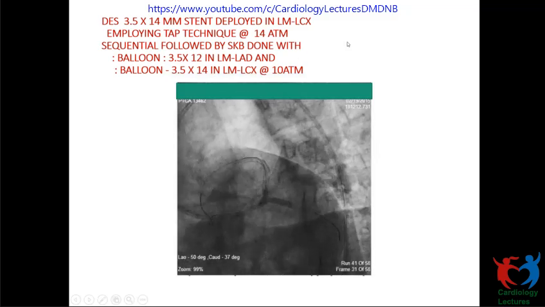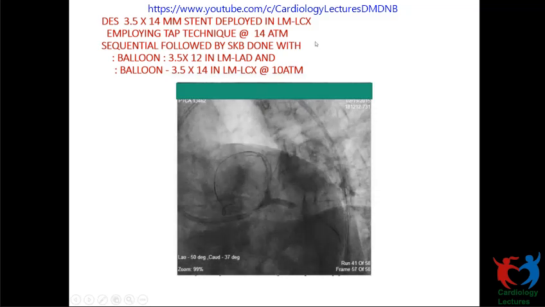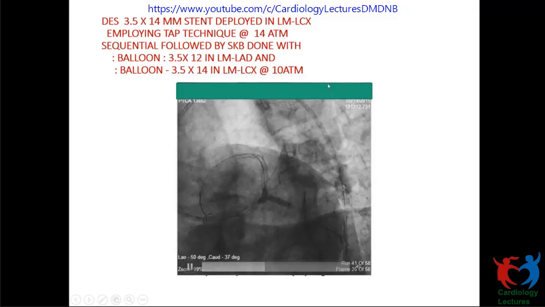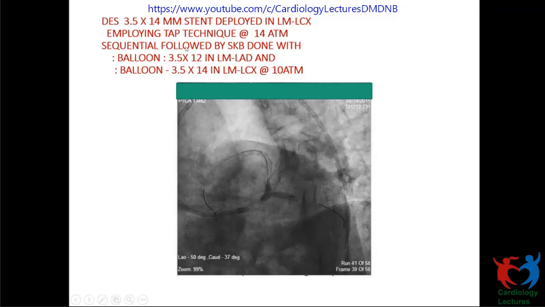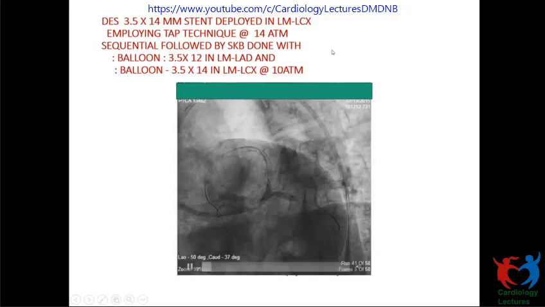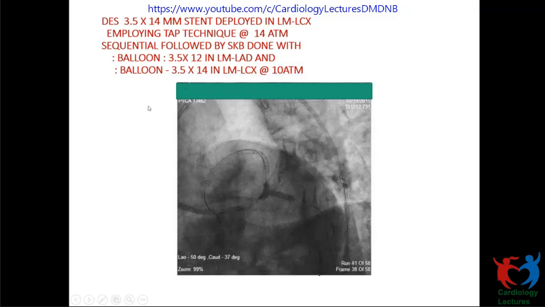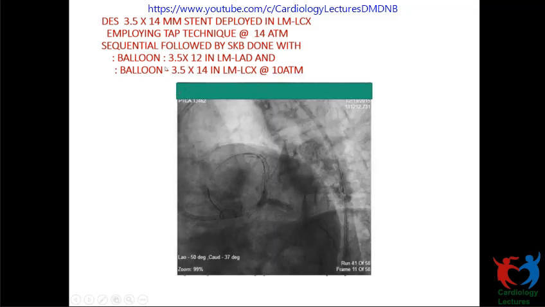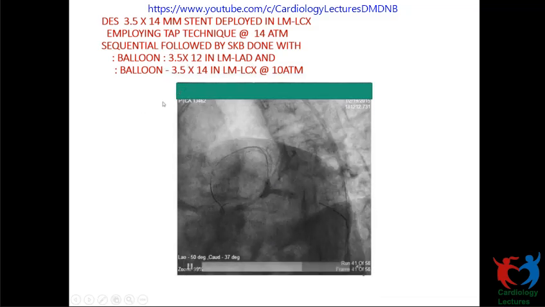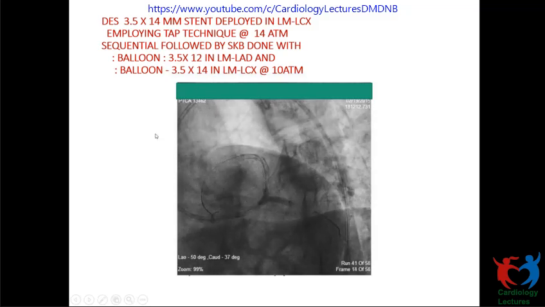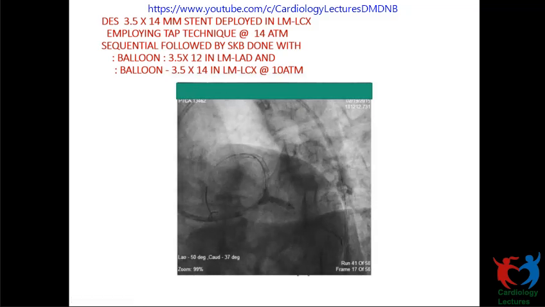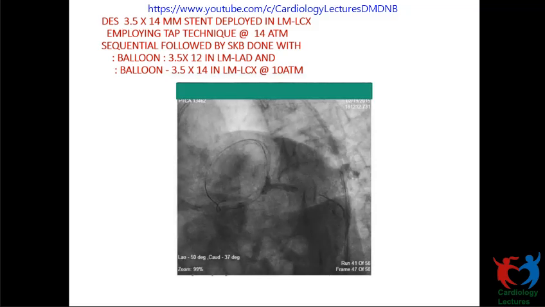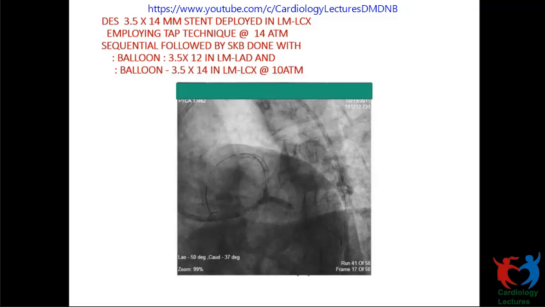So basically we deployed a T and protrusion technique over here. Then we did sequential balloon dilatation, then we did simultaneous kissing balloon dilatation also, with almost the same size of balloon, 3.5 in left main to LAD and 3.5 to 14 left main to LCX, at 10 atmospheres. So these dilatations we did sequentially and then simultaneously.